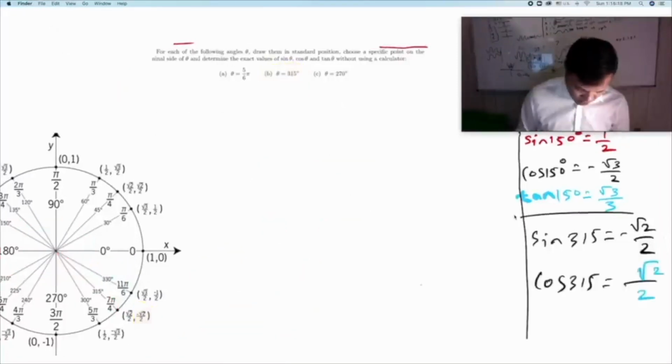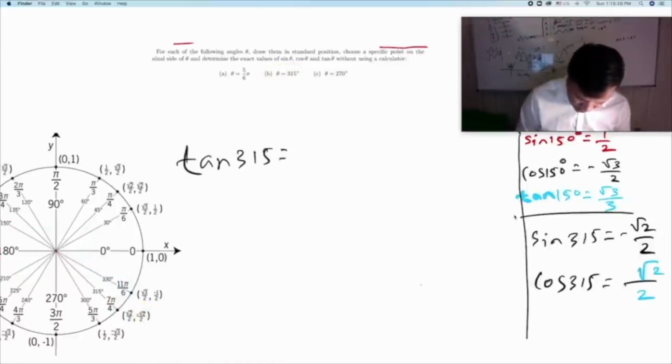So tangent 315 is equal to negative sine 45 degree over positive cosine 45 degree.